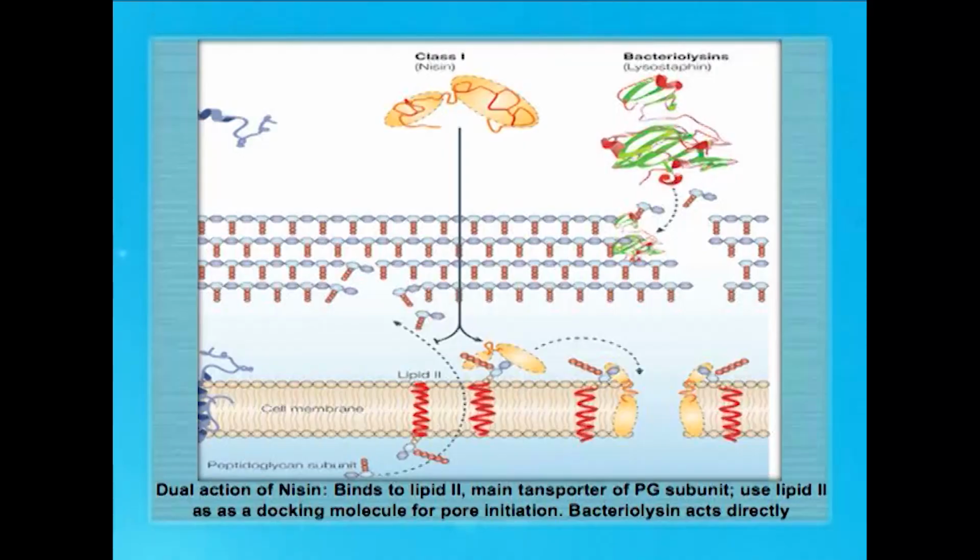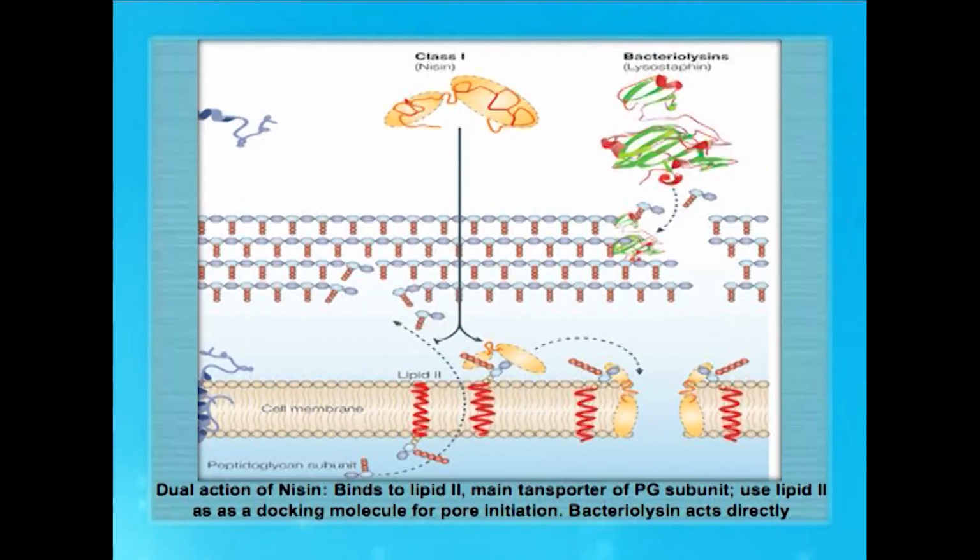But of course, when I say that the food is being contaminated by microbes, sometimes microbes can also be used to reduce the growth of other microbes. There are different bacteria which produce proteins called bacteriocin or bacteriolysin, like nisin, which uses the simple lipid I or lipid II port to enter and destroy other bacteria.